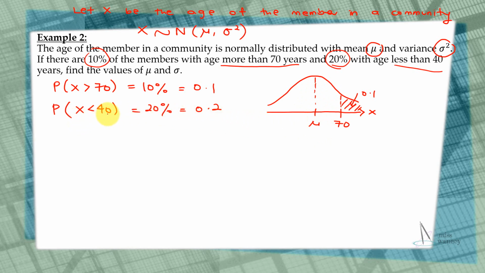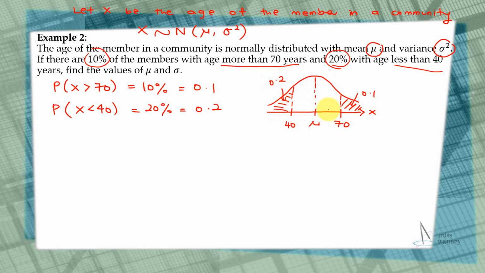Now for x less than 40, we should decide whether to put it on the left hand side or the right hand side. If I put it on the left hand side, this is definitely 0.2, and you should be able to see that this value is less than 0.5.